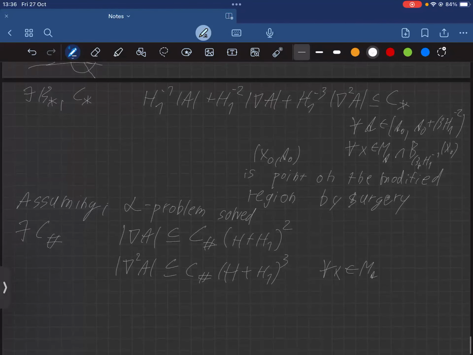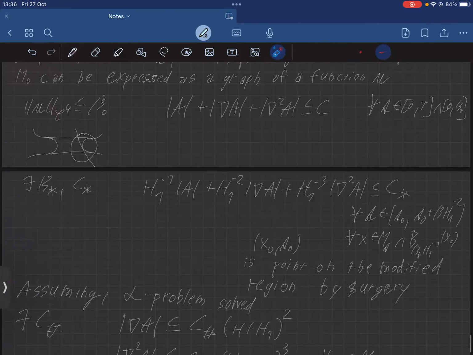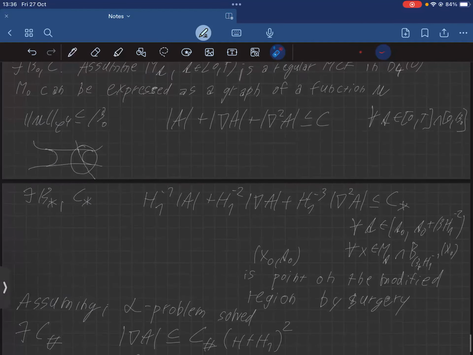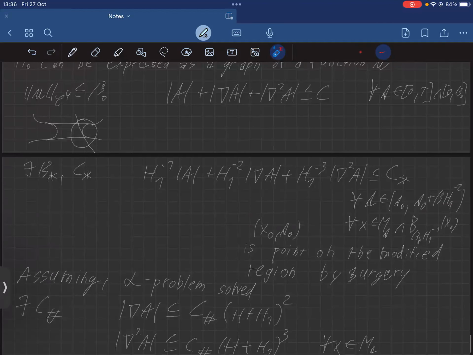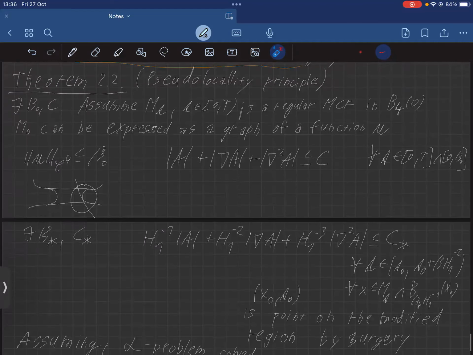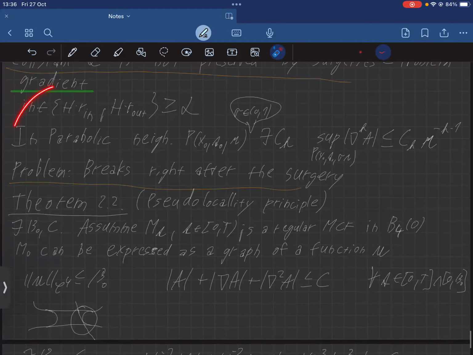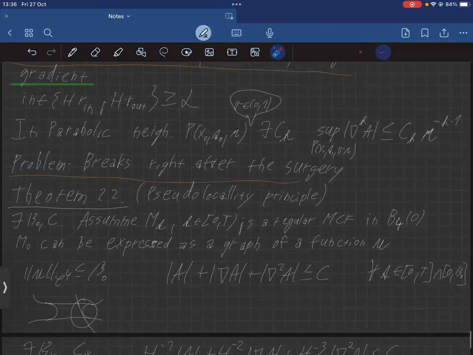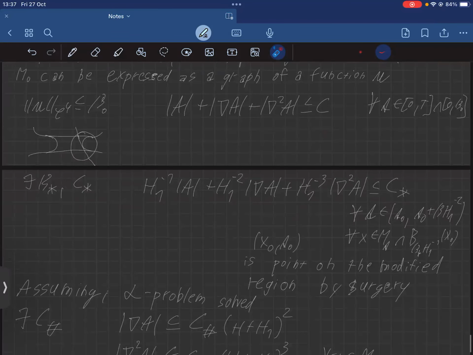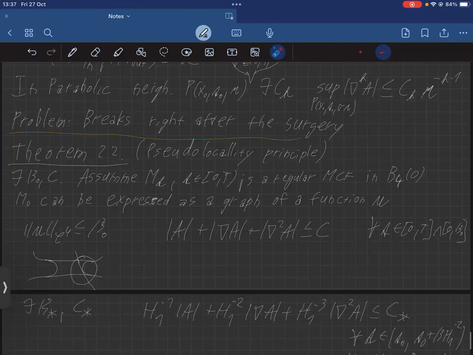Right after the surgery, we use this modified pseudo-locality principle, and after this time, beta over H1, we can use the original gradient estimate that was given by Vishnu last time, I believe. So there we have the estimates which are given in the parabolic neighborhood. So after some time, we can use the gradient estimate, and right after surgery, we use the pseudo-locality principle. So that checks this problem.